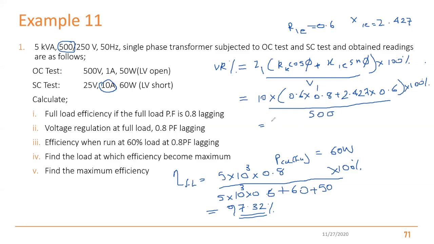Voltage regulation becomes 3.87. That is the percentage, 3.87.